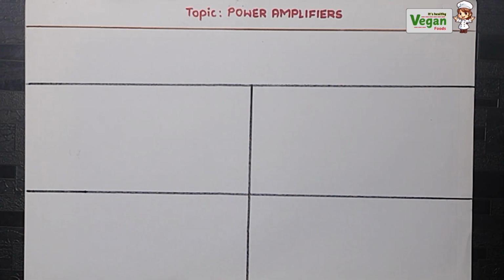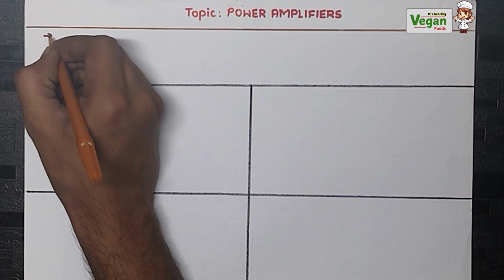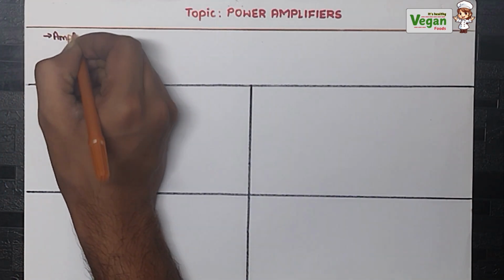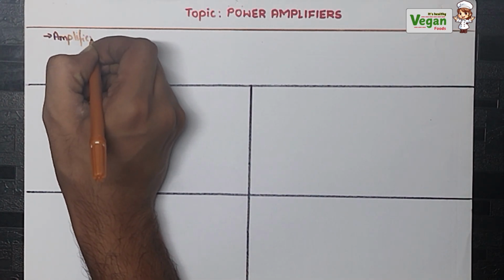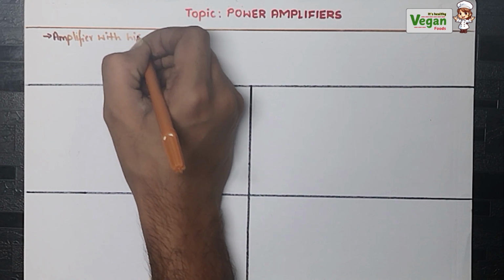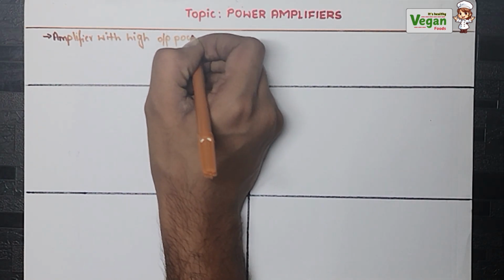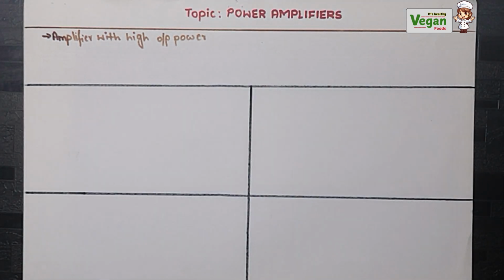So in power amplifiers, there are four types. Let's discuss them. So what are power amplifiers? Power amplifiers are amplifiers with high output power. With high output power, they will have more output power.